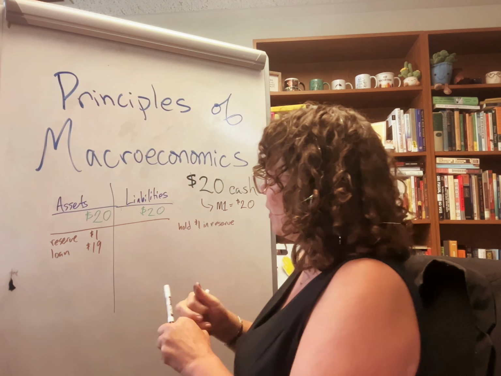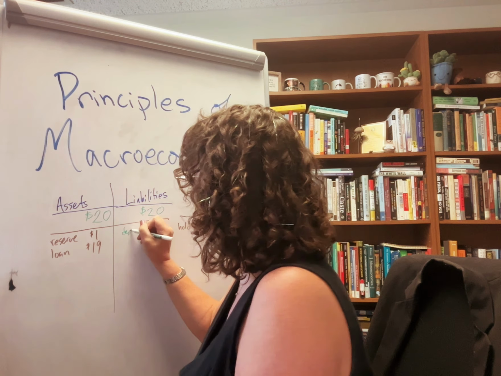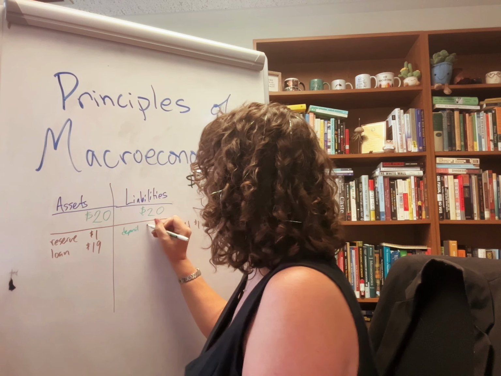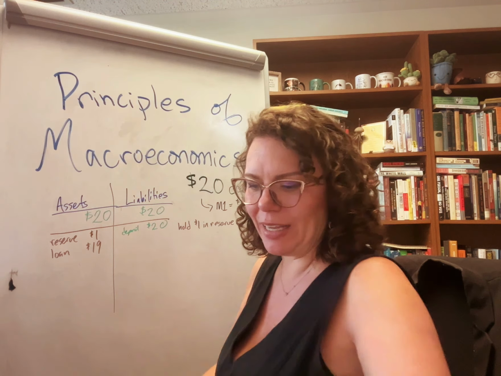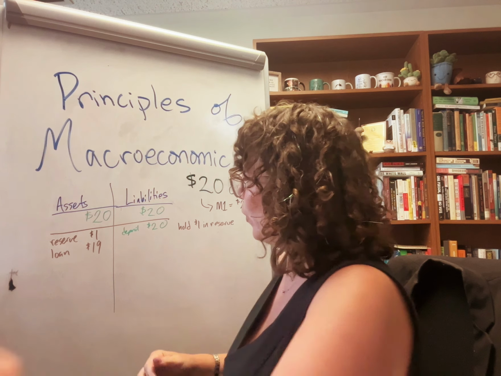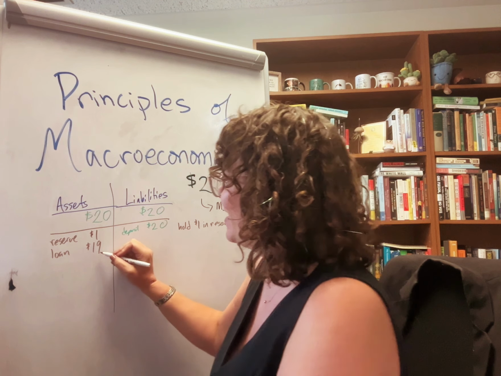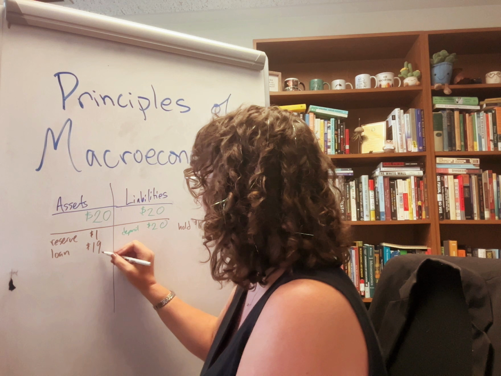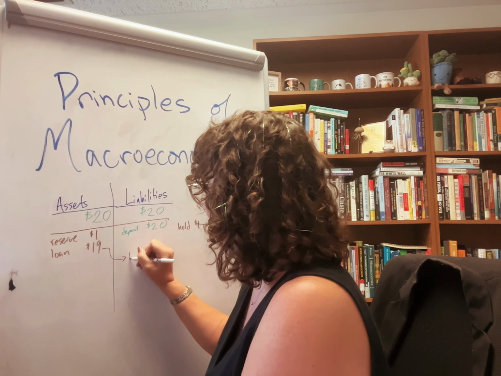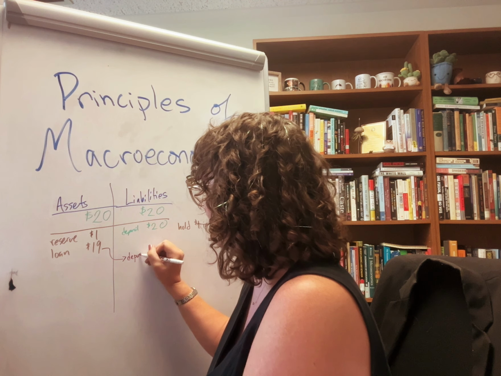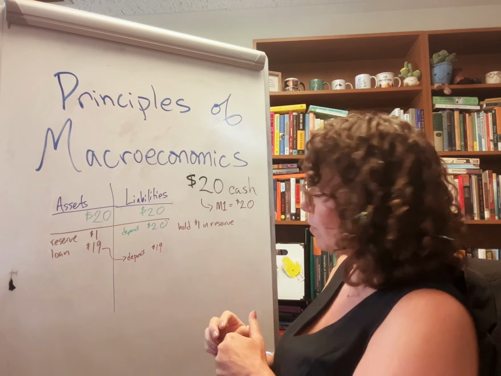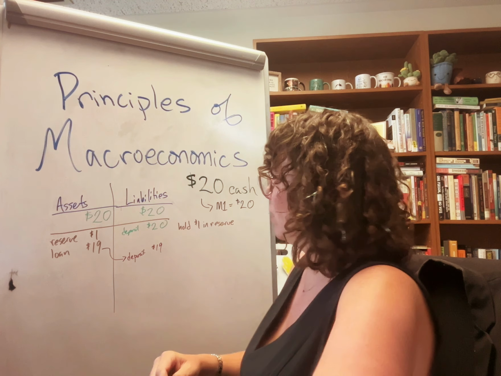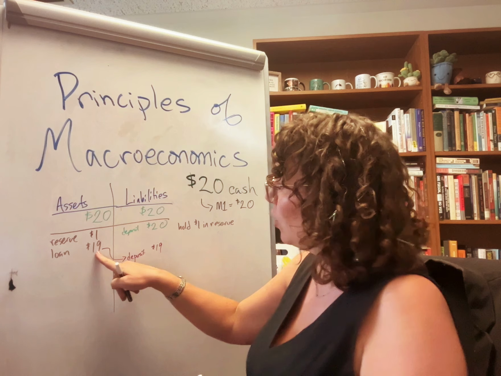They still owe me my deposit of $20, but now someone's got those $19 in their pocket. If they put that in another account, that money is going to show up in someone else's account as a new deposit of $19.